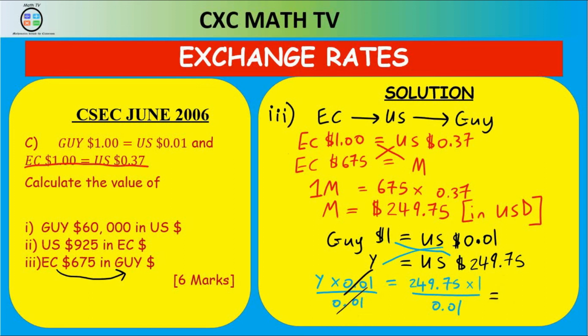And so now we're just working out 249.75 divided by 0.01. In that case, we get 24,975. Finally, we're finished, guys. So now we can tell them that EC 675 in Guyanese is $24,975. And that's your answer.